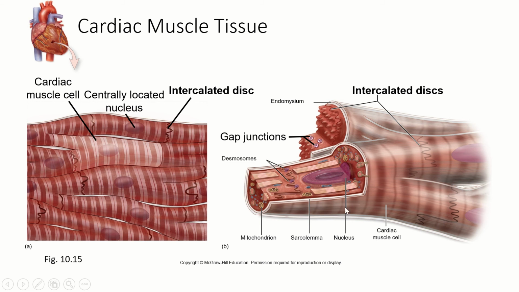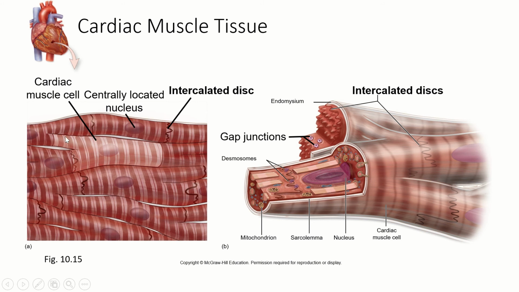So here's what cardiac muscle cells look like on a diagram. Here's a single cell, this lighter one here, and you can see that it's one part at one end, it's clearly striated, one nice big nucleus, and then it's branched at the other end. And then between the striations, we have these darker lines, and those are the intercalated discs.